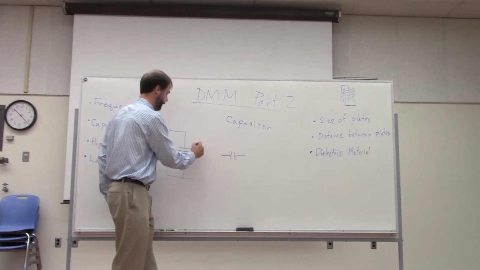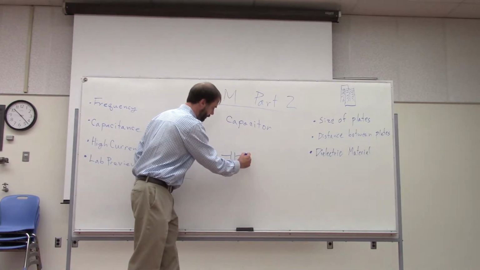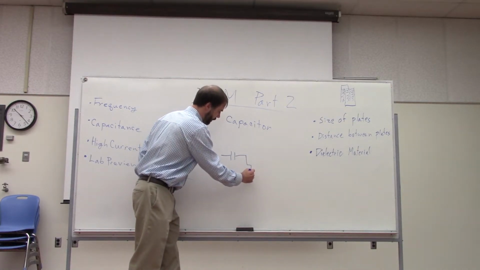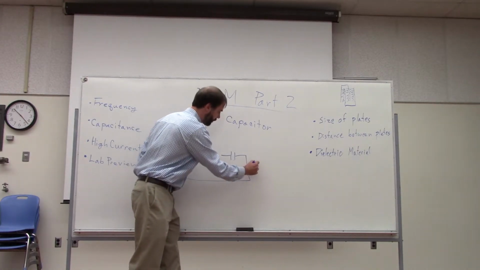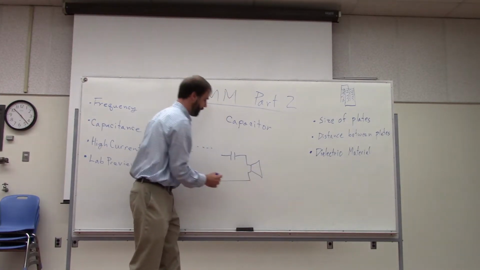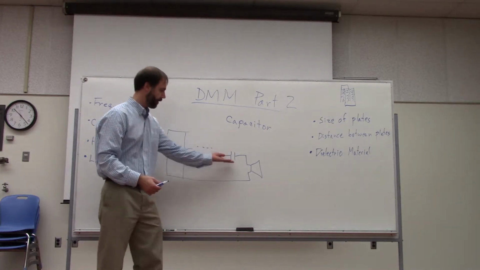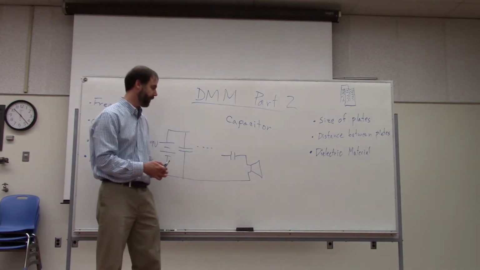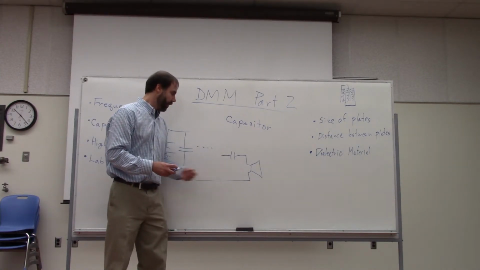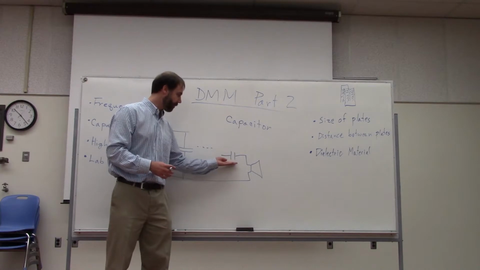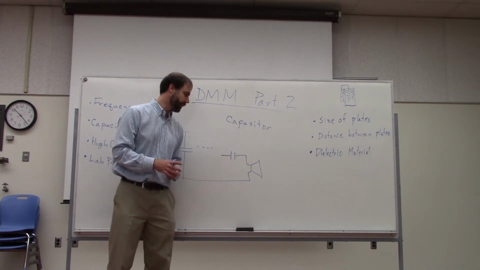So we had more circuit here, and then we had our speaker. And we had the signal coming into the speaker, but we had a capacitor in series with that speaker. So this allows the AC signal to pass through, but it blocks out the DC signal.